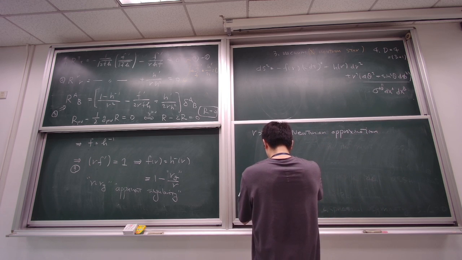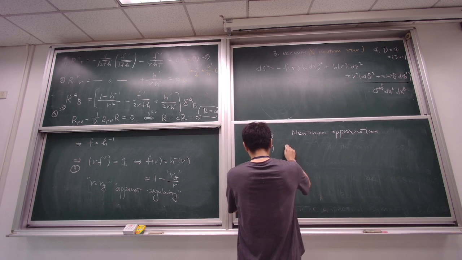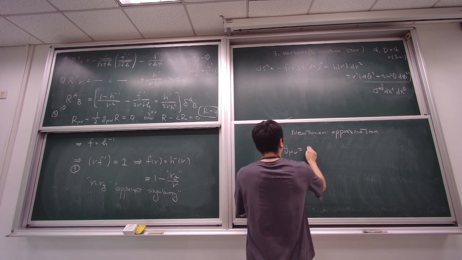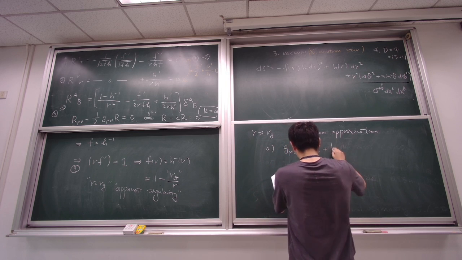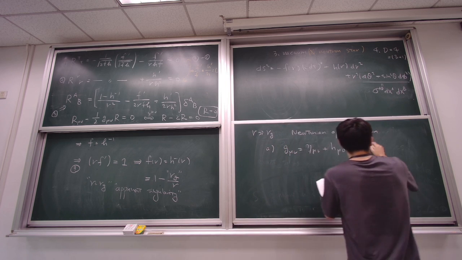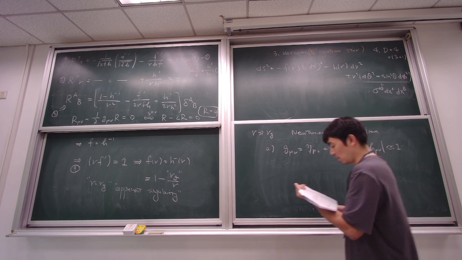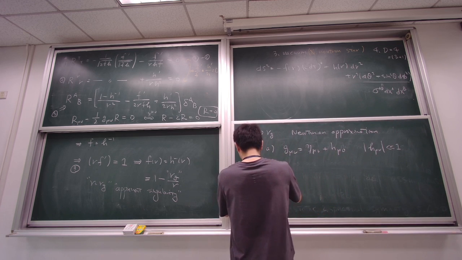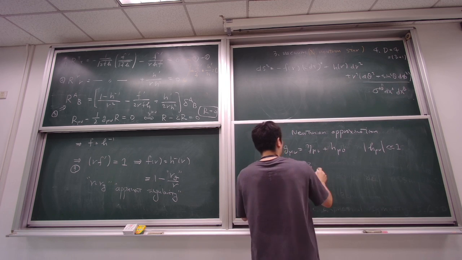Number A: g mu nu is almost flat, eta mu nu plus h mu nu, and the absolute value of h mu nu is less than 1. Then number B: h mu nu is time independent.